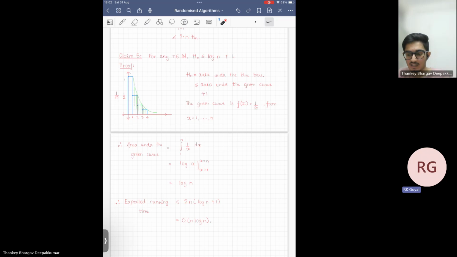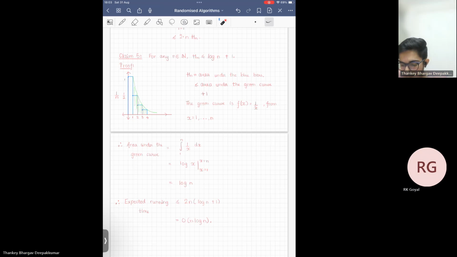For example, this would have also worked for 1 over n squared. So discrete sums can be upper bounded and lower bounded by integrals, which are continuous sums, right? So in this case, I was able to upper bound Hn by log n plus 1 using an integral.